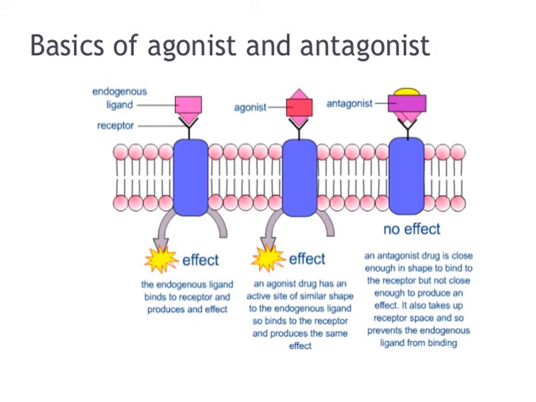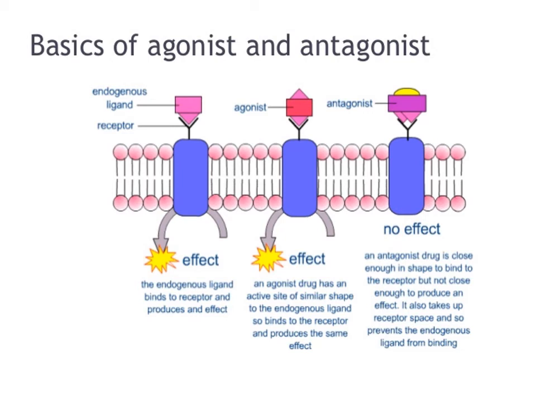What about an antagonist? Well, we can use a molecule or a drug that's going to block epinephrine's effects. And epinephrine cannot attach to that receptor any longer and exert its effect within the cell.